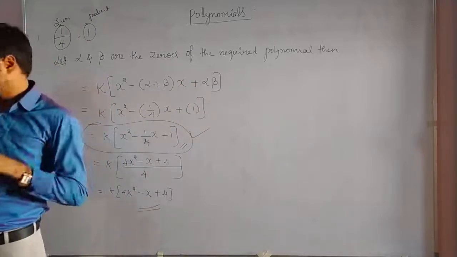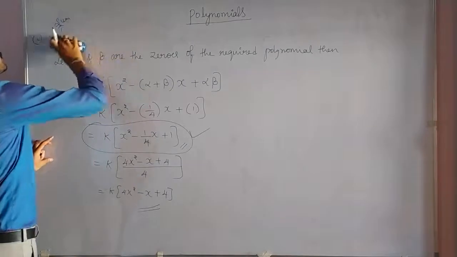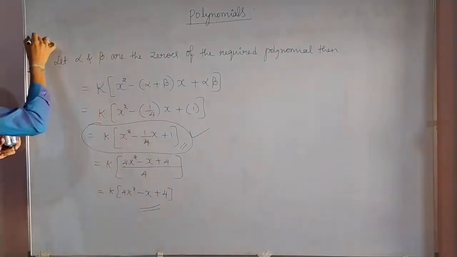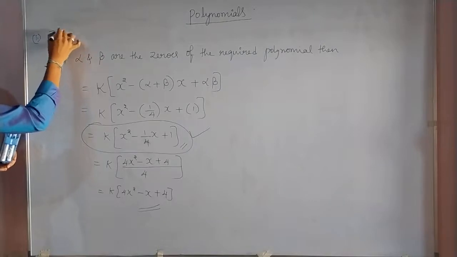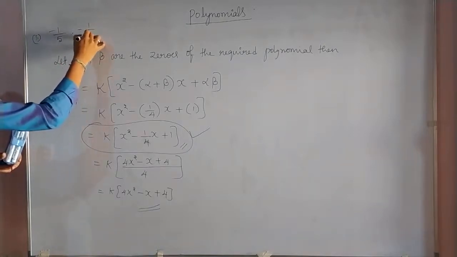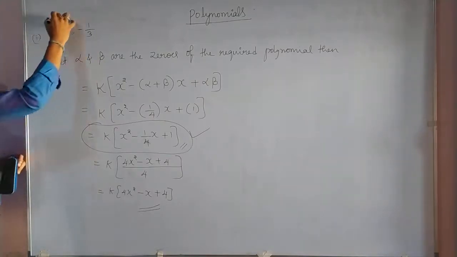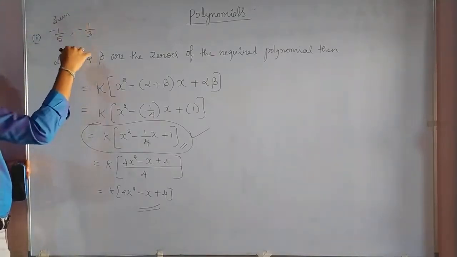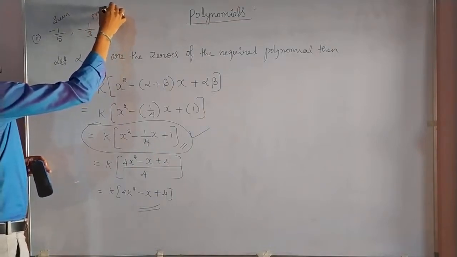So let us take one more example. If the sum and product of the zeros are minus 1 by 5 and minus 1 by 3. So minus 1 by 5 is the sum of the zeros and minus 1 by 3 is the product of the zeros.